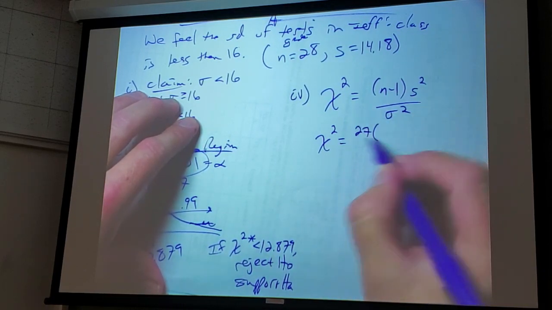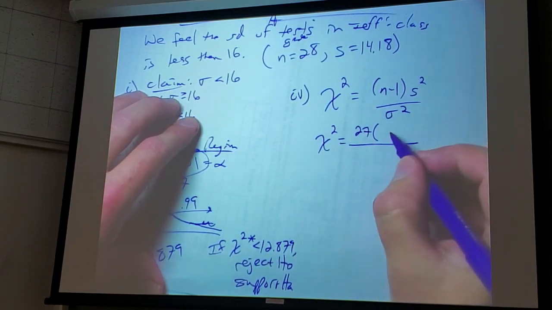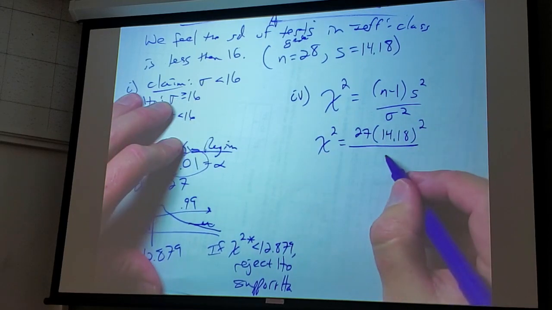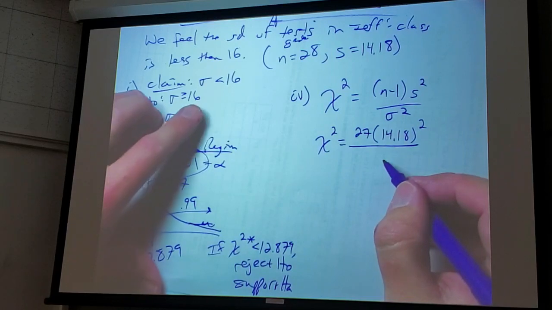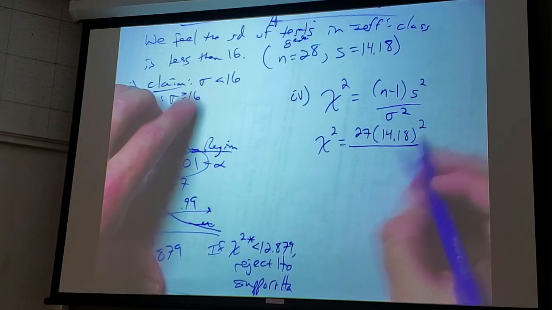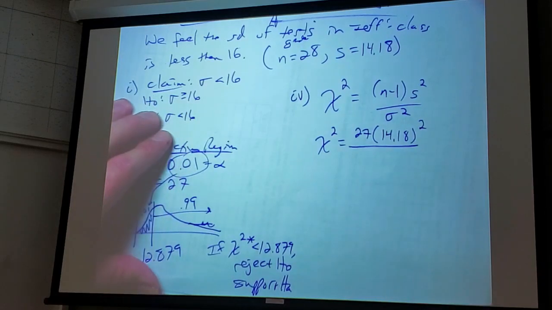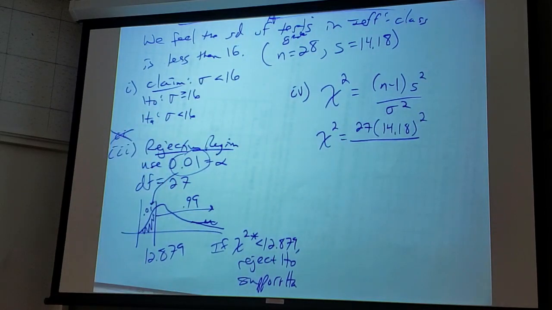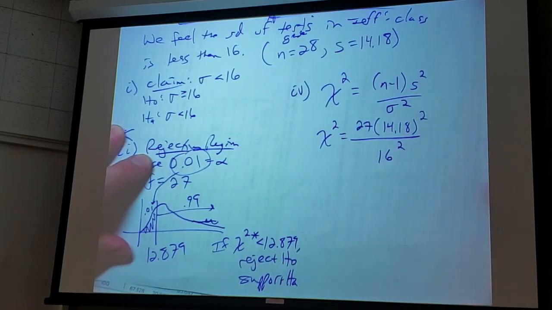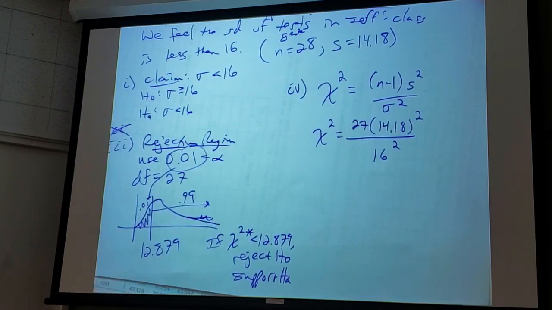What's s? 14.18. What's sigma? 16. Remember that number always, mu came from the claim. P came from the claim. Sigma comes from the claim. The biggest mistake I see is forgetting to square these poor little guys, right?